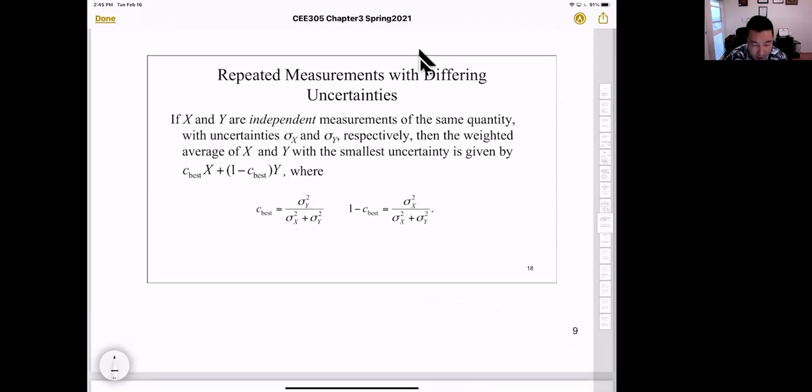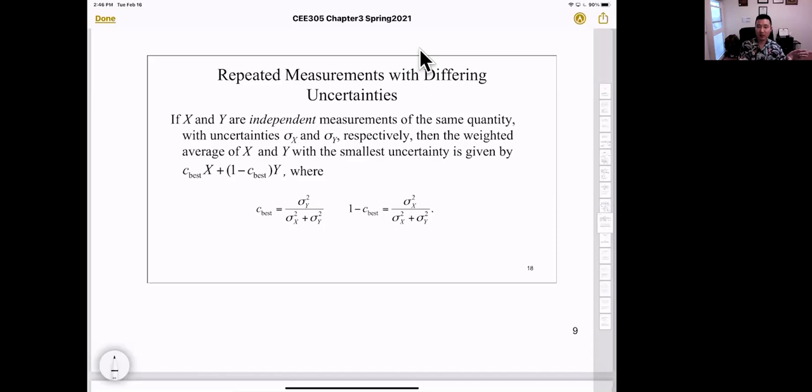Here is a special situation: repeated measurement with differing uncertainty. If x and y are independent measurements of the same quantity, and these measurements have different uncertainties, sigma x and sigma y. For example, if we try to measure the weight of a rock using 2 different scales, scale x and scale y, maybe scale x is more accurate or less accurate than scale y.